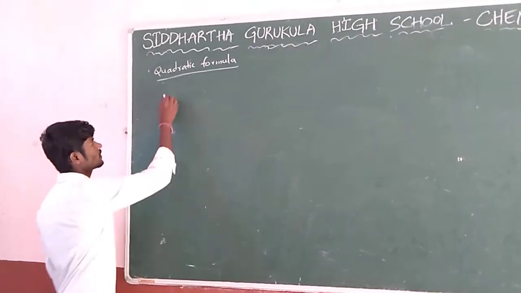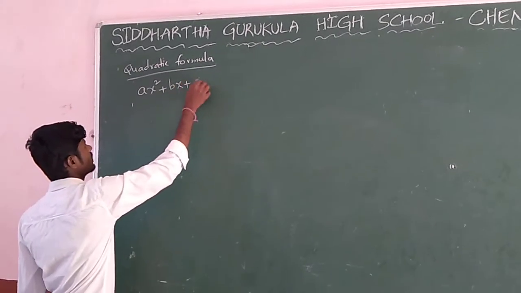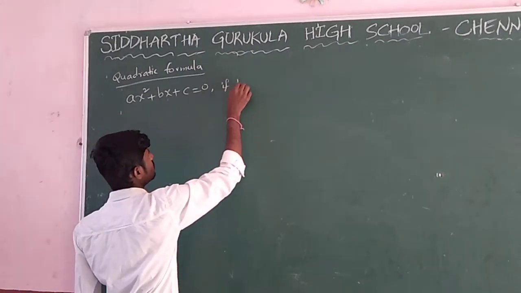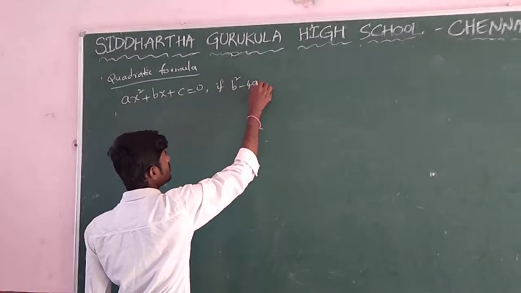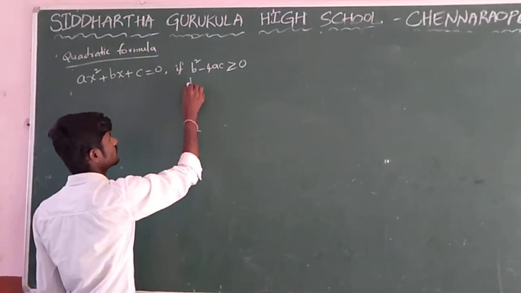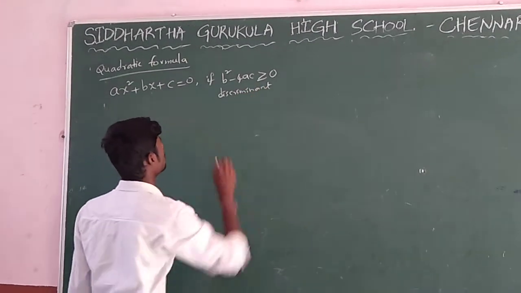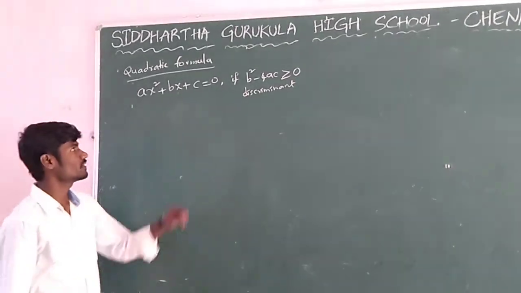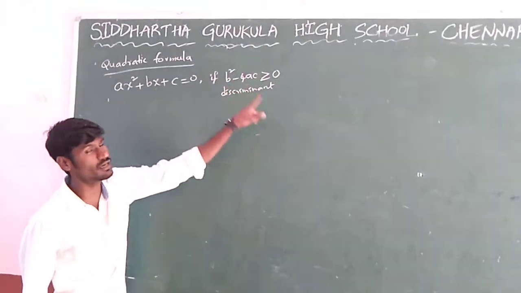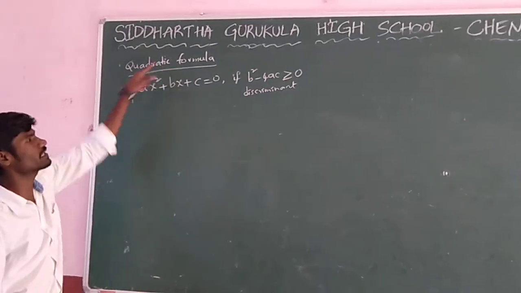Let us see here, for a quadratic equation ax square plus bx plus c equals 0, the value of b square minus 4ac, which we generally call the discriminant. If any quadratic equation is given to you, you need to find the b square minus 4ac value. If this value is greater than or equal to 0, then we can find the roots by the quadratic formula.